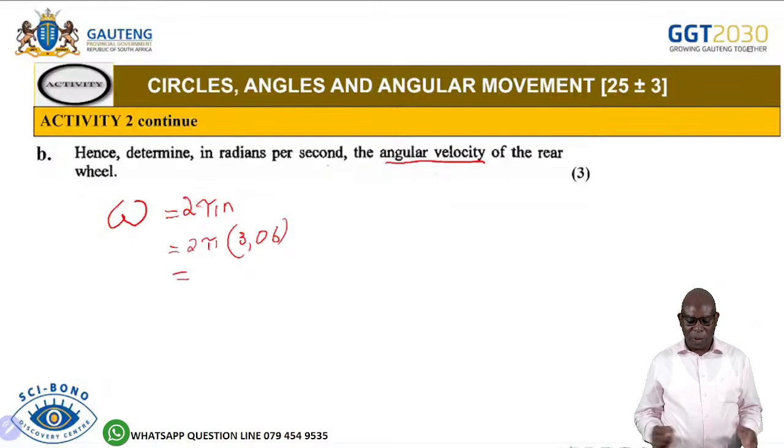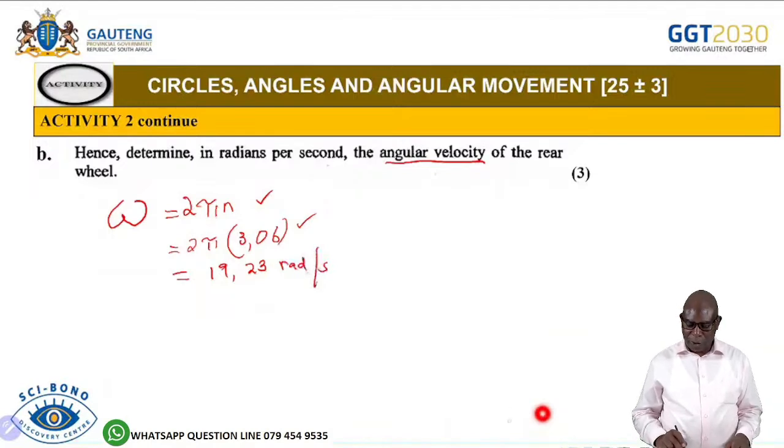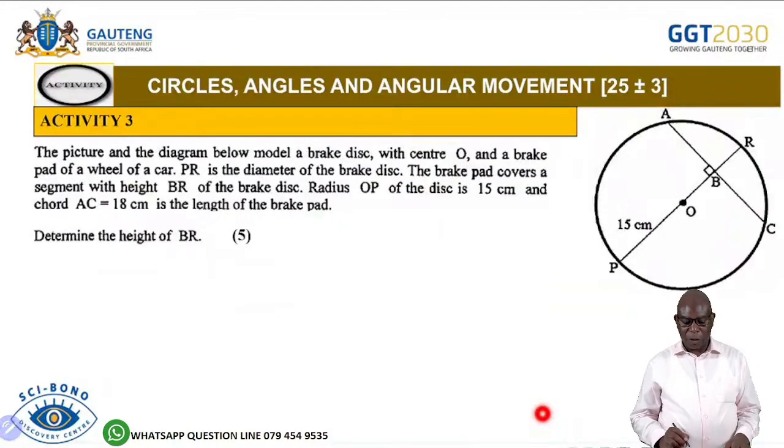That's an easier question. 1 mark for the formula, 1 mark for the substitution. Do it on a calculator. Then what do we get there? We get 19,23 radians. Remember, this is radians per second. Okay, easy question there. So you go to your formula sheet and check. Right, now next one, same thing there.